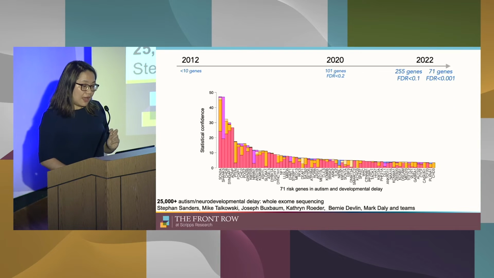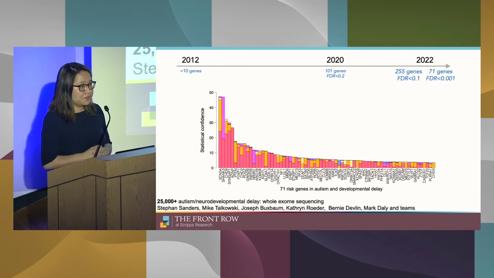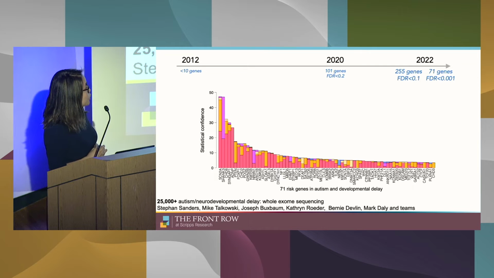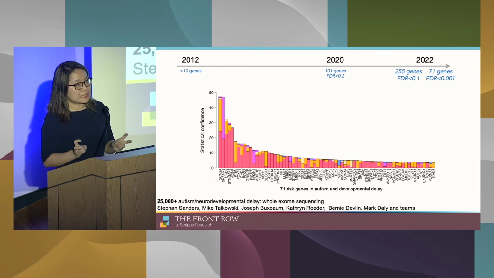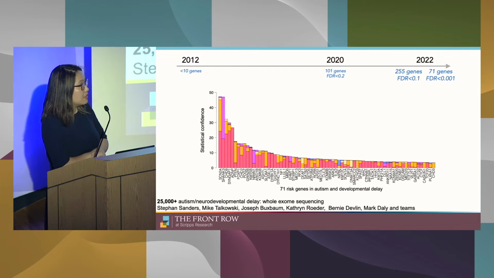And these are effectively, we call it almost causal risk genes contributing to the manifestation of the disorder. So in this plot, what I'm showing you is a list of these almost causal risk genes contributing to autism spectrum disorder and neurodevelopmental delay.